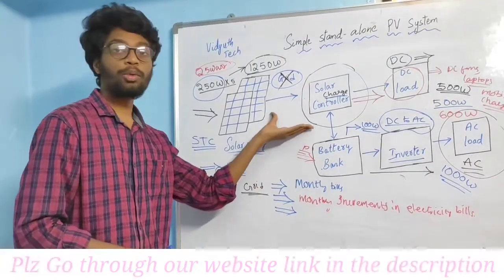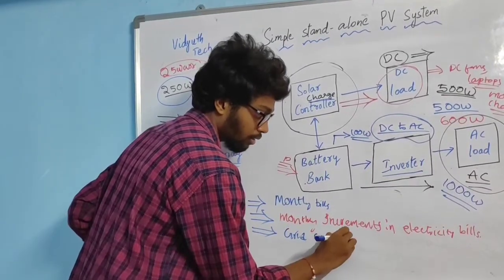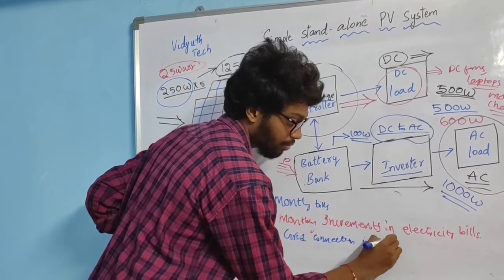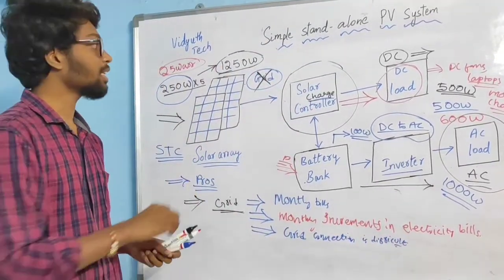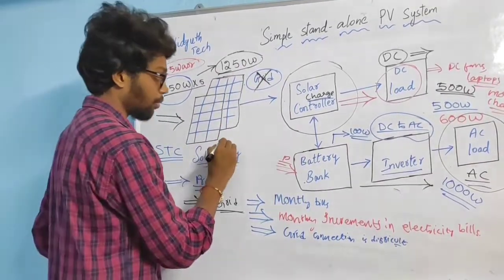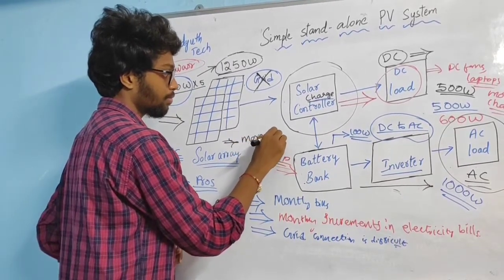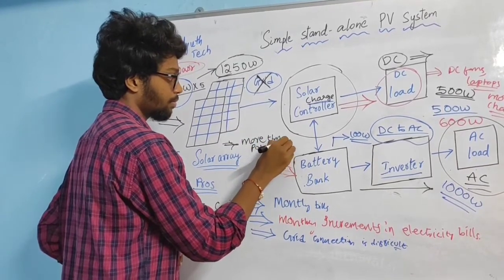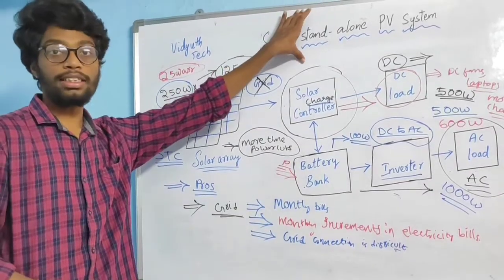Friends, you can use this in remote areas where grid connection is very difficult or costly. If you have more power cuts, then you can go with the standalone photovoltaic system, mostly in the daytime. These are the advantages of the standalone photovoltaic system.